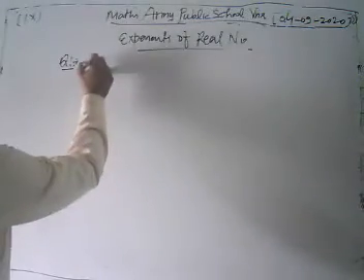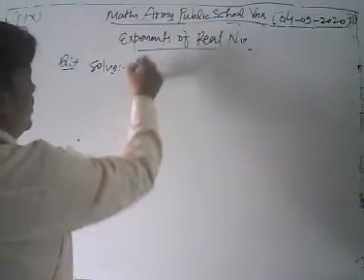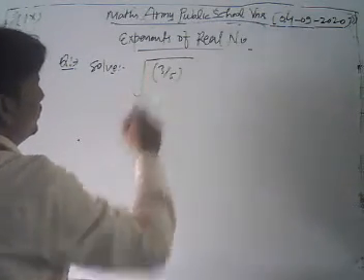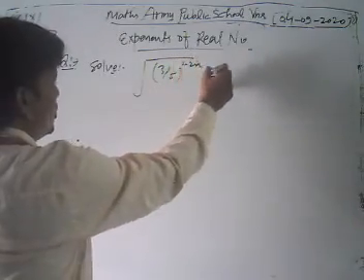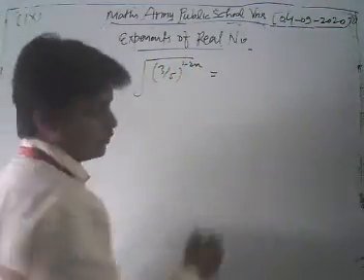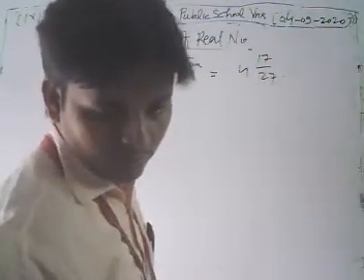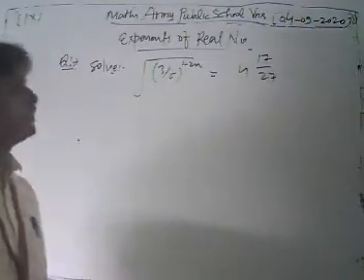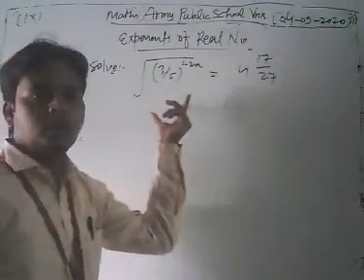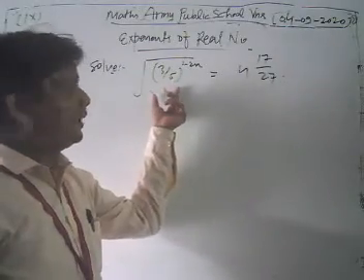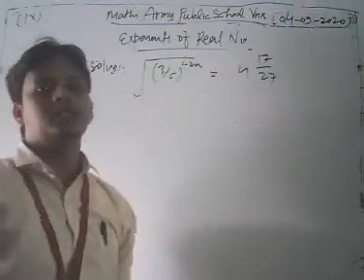Solve: under root 3 upon 5 to the whole power 1 minus 2x is equal to 4 and 17 upon 27. Yes, dear student, this is the question here. We solve under root 3 upon 5 to the whole power 1 minus 2x is equal to 4 and 17 upon 27.